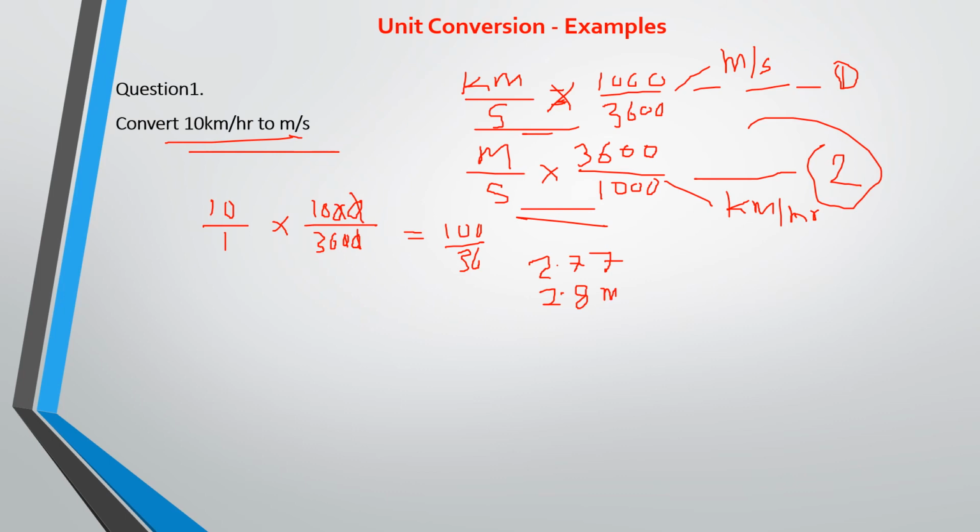Okay, so that is how to use this formula to convert from kilometers per hour to meters per second. I hope that one is simple. That one is simple and direct.